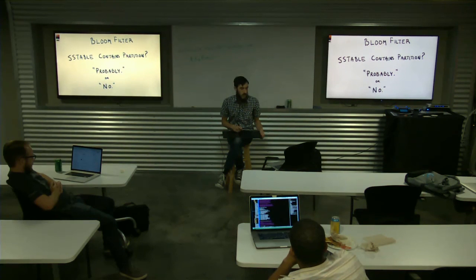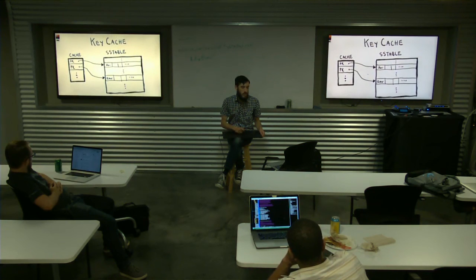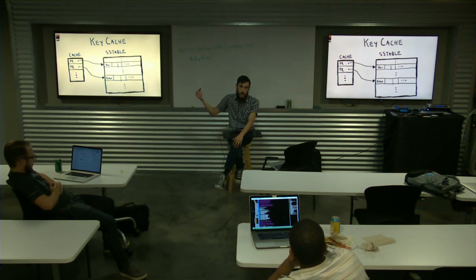So this helps eliminate pretty much all the SS tables that don't contain the partition. For the ones that do, or that we think do, the next step is to check the key cache. The key cache takes the partition key and stores an offset into the actual SS table data file.